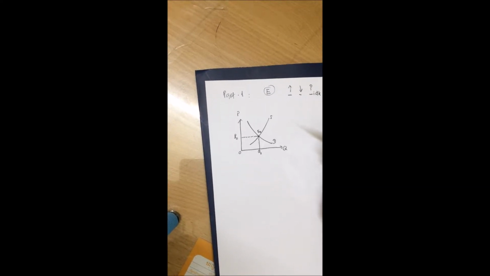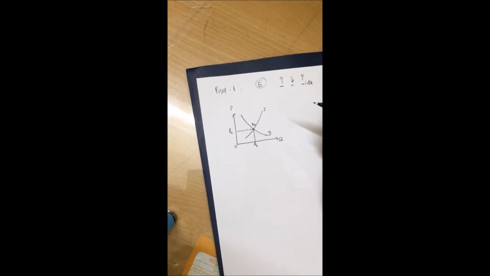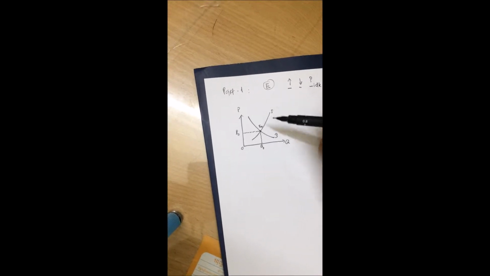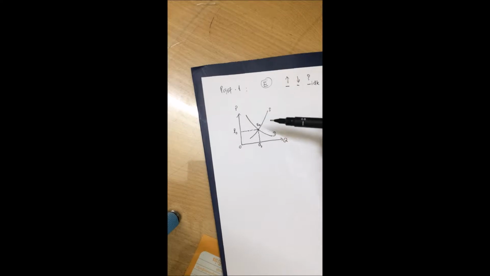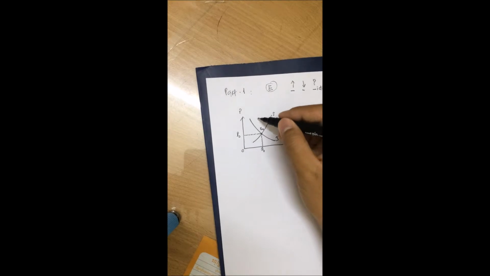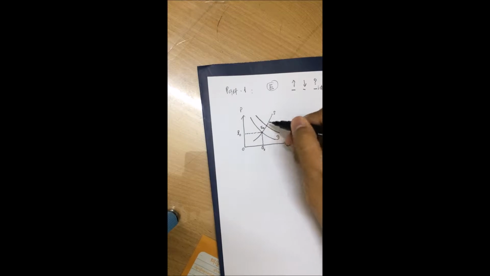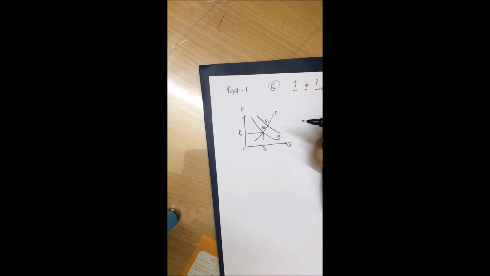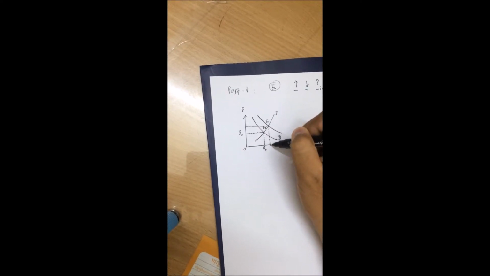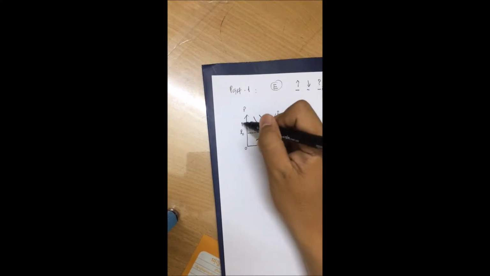So the first question asks you to do the demand increase. Just like what I told you, demand increase means that the demand curve moves to the right. So you move the demand curve here, and you get a new equilibrium. You do this, and you do this. It is Q1 and P1.